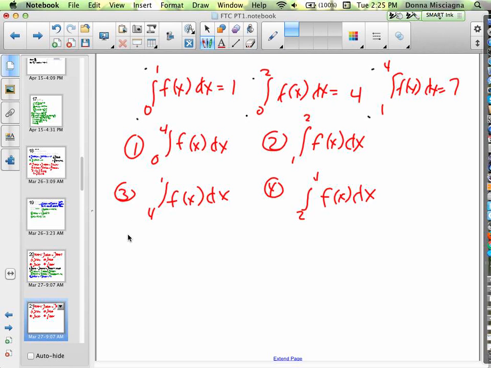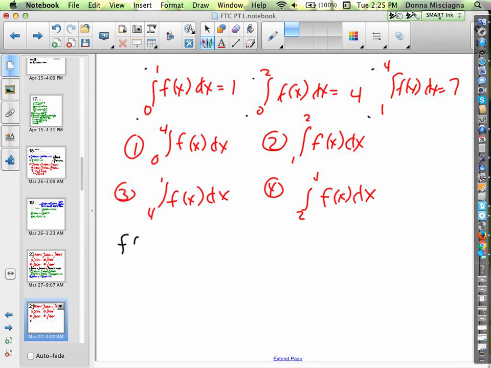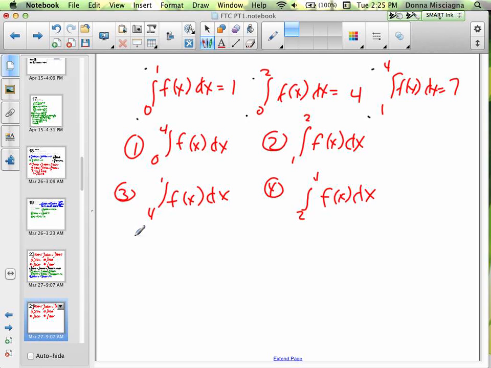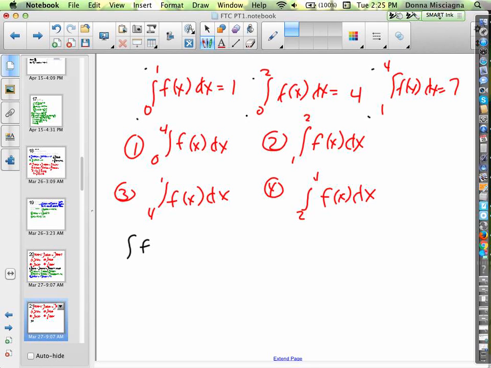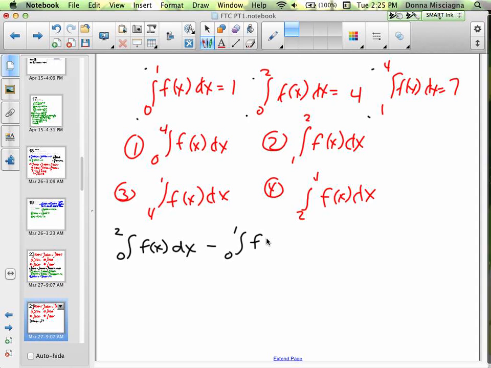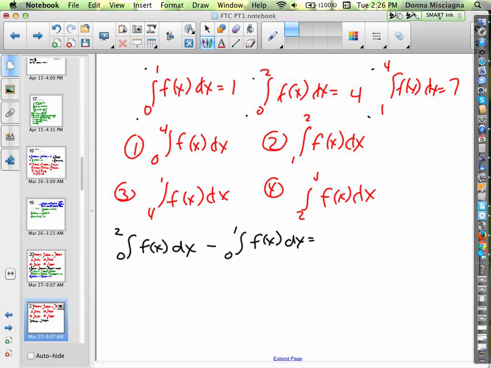So if we take the, oops, why do I keep doing that? I keep wanting to make my integral sign an F. All right, here we can get this. So sometimes it's tricky. You may have to try different things. So we've got the integral of f of x dx. If we take the 2 to 0 minus the 0 to 1, we'll be left with the 1 to 2.